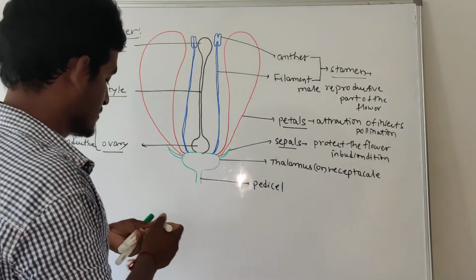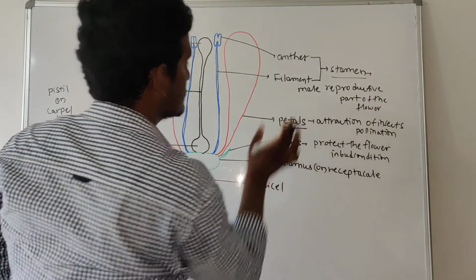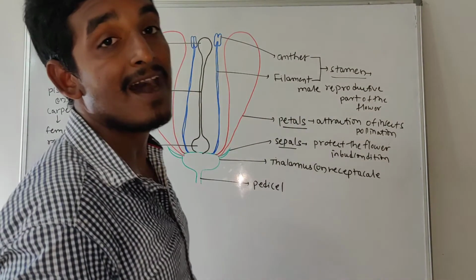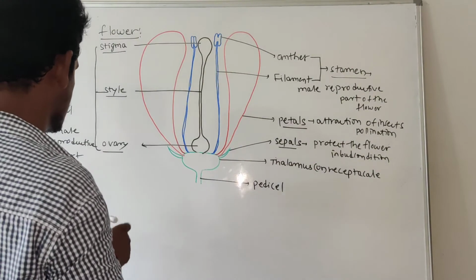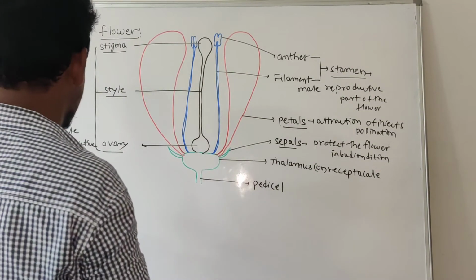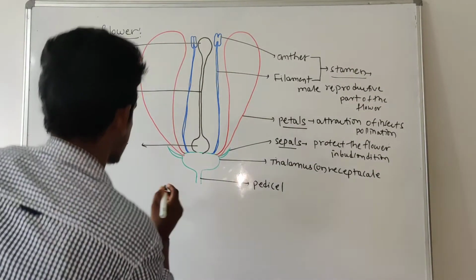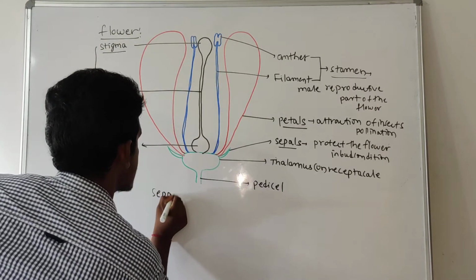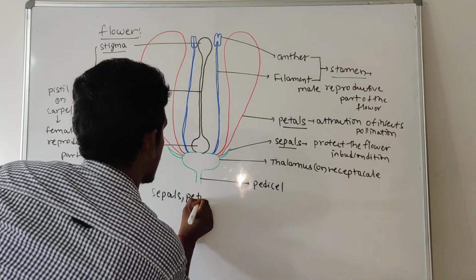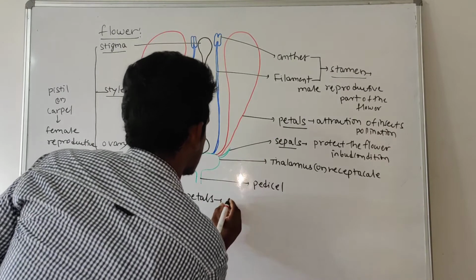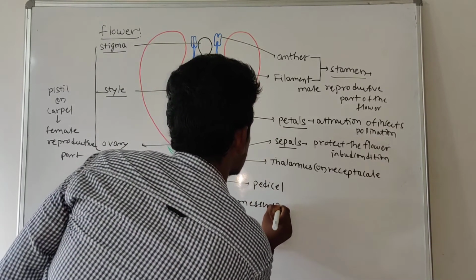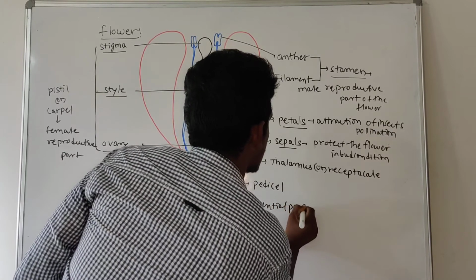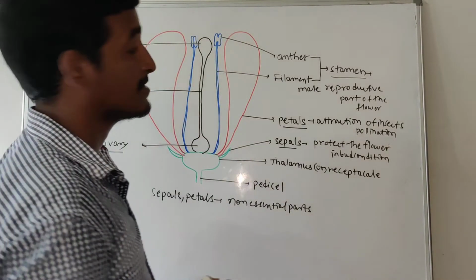In sepals and petals, those are called non-essential or accessory organs. They do not help in the reproduction process.